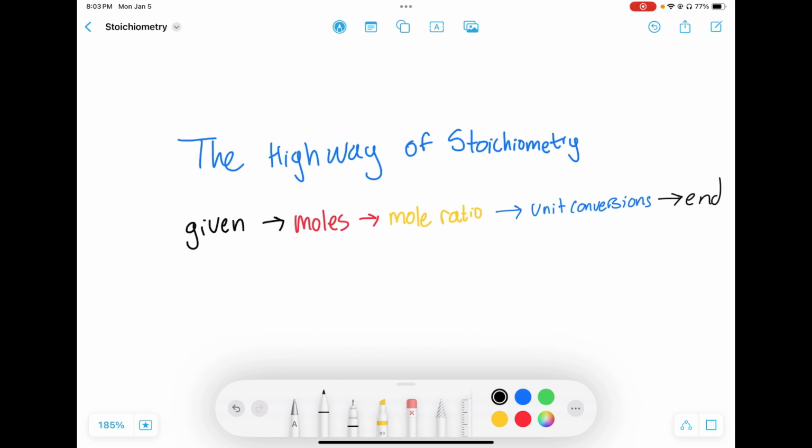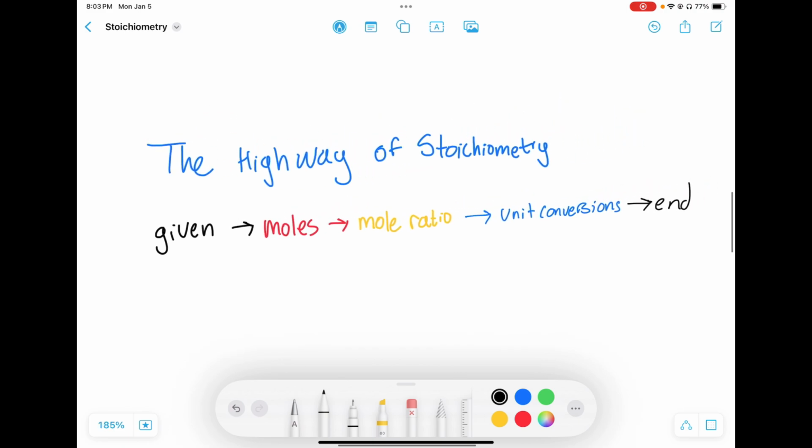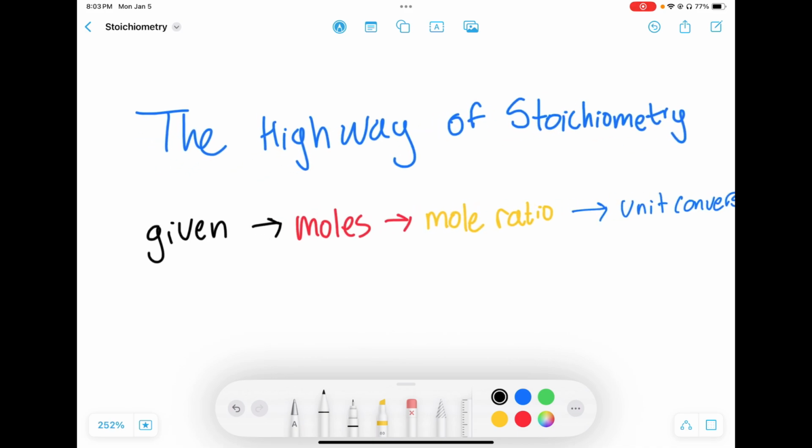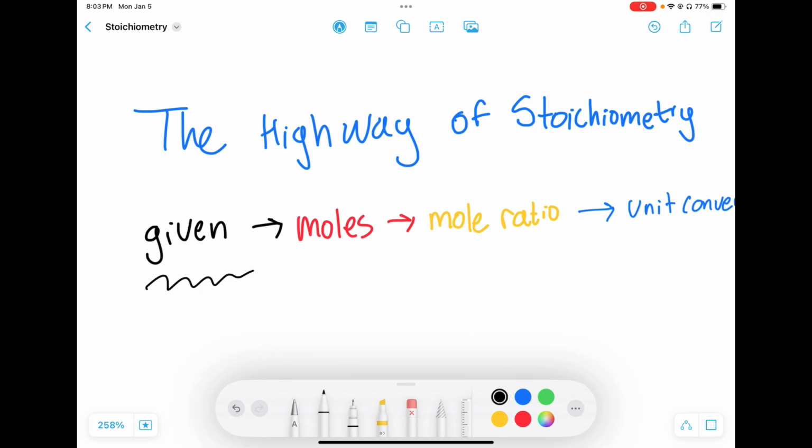So what I have written already here is the highway of stoichiometry. This is the overall picture of how you want to go about this. So you're given something, you're given a mass, you're given an amount of moles of a product or a reactant, or a substance, basically. And you want to convert it.